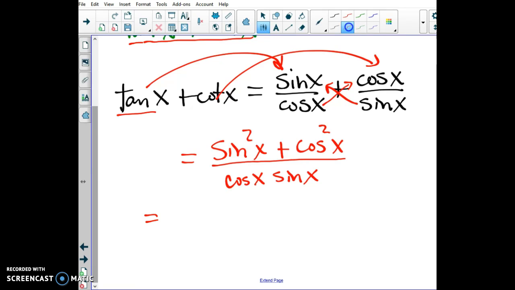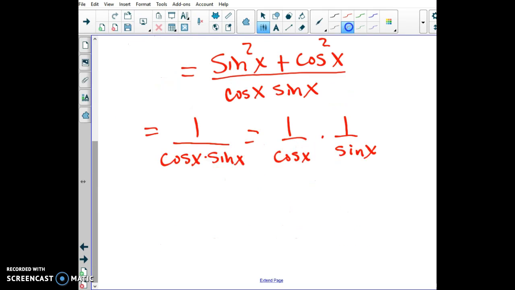Well, we know the top to be a Pythagorean identity. We know that is simply 1. 1 over cosine x sine x, and we can break that fraction apart, calling it 1 over cosine x times 1 over sine x. We know 1 over cosine to be secant x, and we know 1 over sine to be cosecant x. And that's what we were asked to prove.